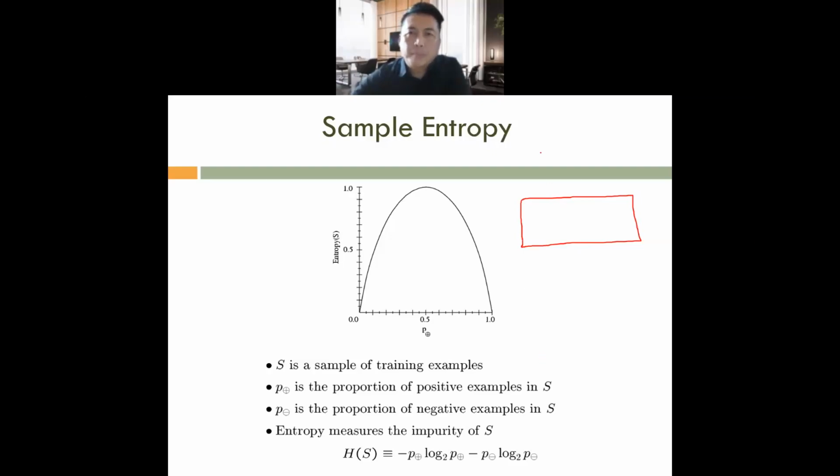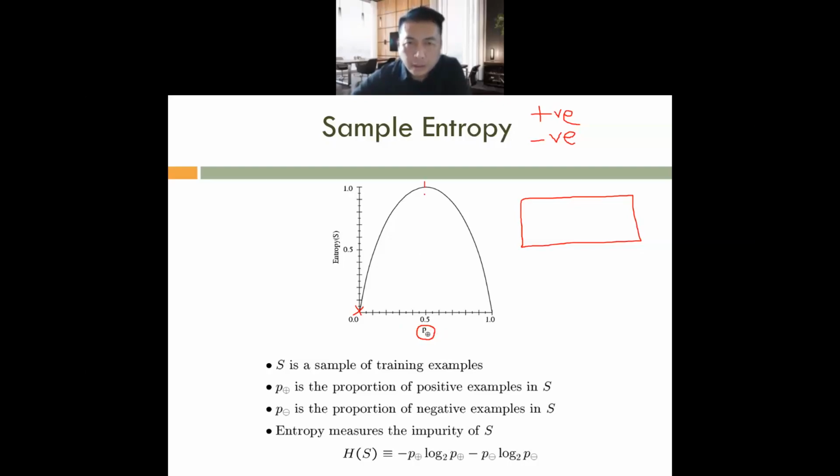For the sample entropy, we consider positive and negative samples. Because for the entropy we are looking at this positive sample, when we are here, we assume that we have 0 positive samples.